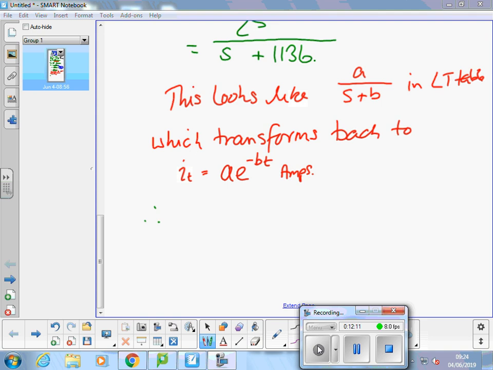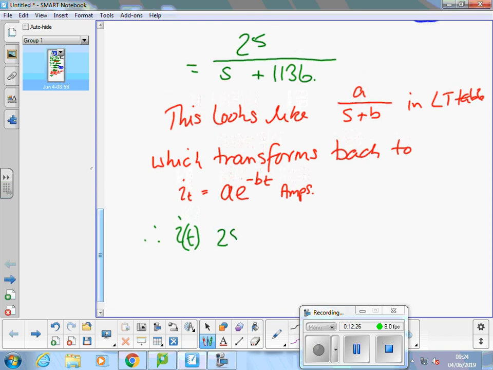Therefore, i(t), notice it's a lowercase i because we're talking about an instantaneous current over time, is equal to I, which is 25, times e to the power of minus 1136 t. Yep. That is the function for that circuit over time from a step input.